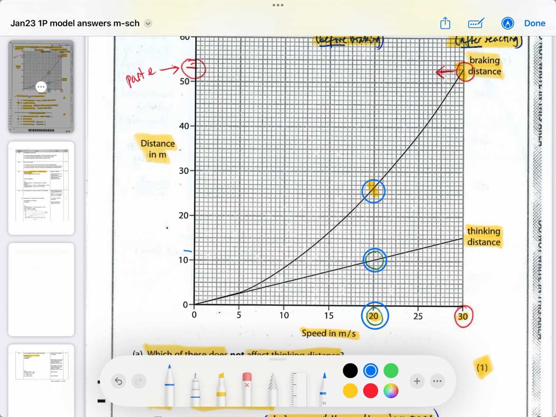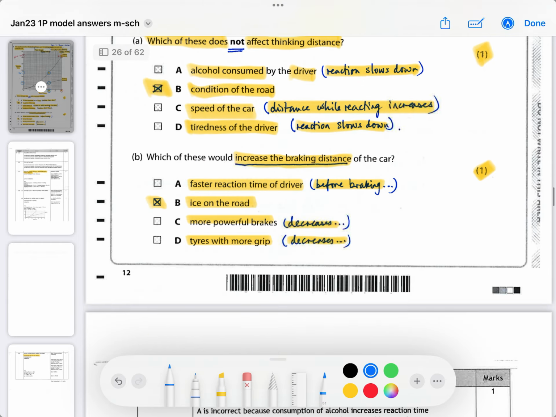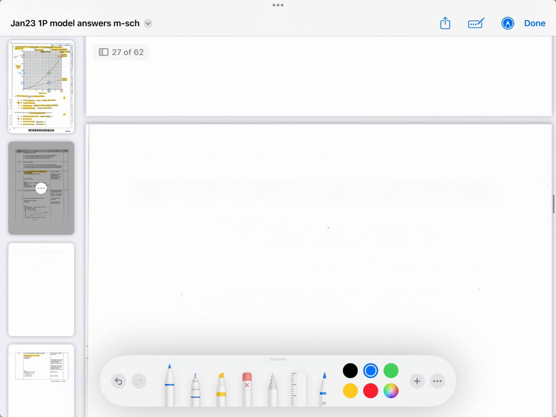So over here is 10, the distance you travel while you're thinking, and then you add the braking distance for the speed here, which looks like it's 26. So 26, add the 10 to it, you get 36 meters altogether. 10 meters traveling while you're thinking about braking, and 26 meters required for your brakes to bring the car down to 0.